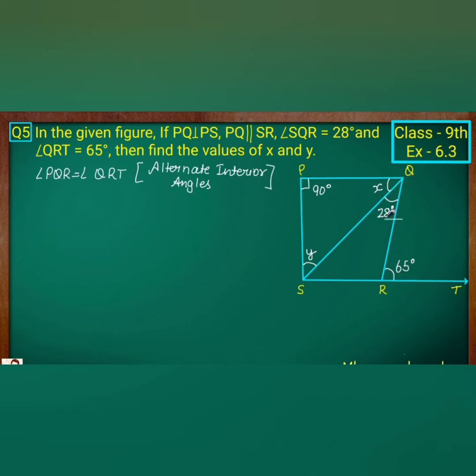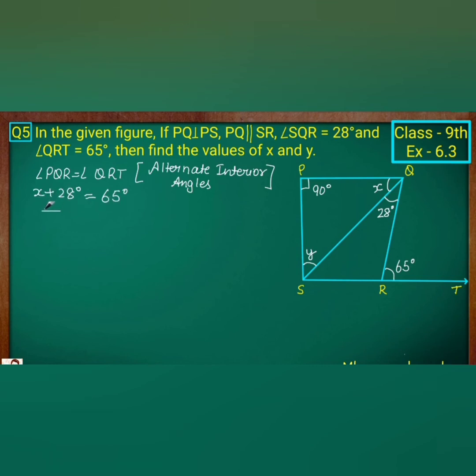Now let me substitute the values. Angle PQR equal to x plus 28. So just substitute that x plus 28 degree, which is given, equal to angle QRT, 65 degree. Now you can find the value of x from this step.